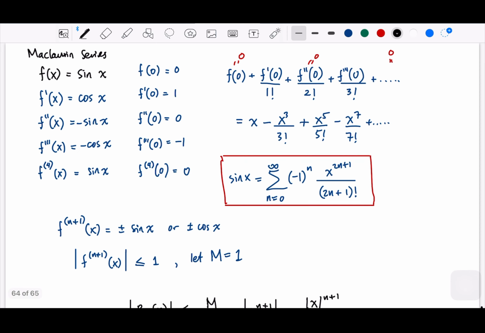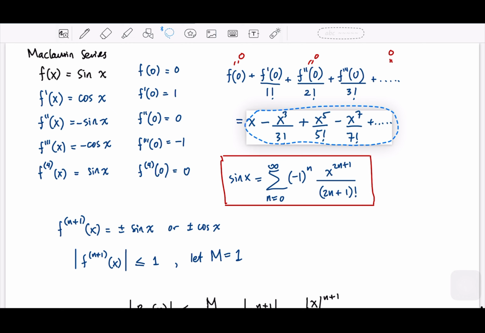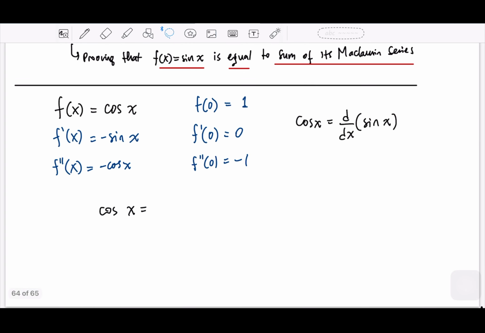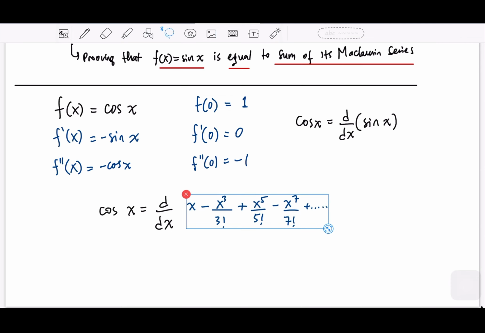Okay, so let me just copy this. So this is going to be d/dx of the sine. So this is good. So we can just take the derivative of each of the terms. So this becomes 1.